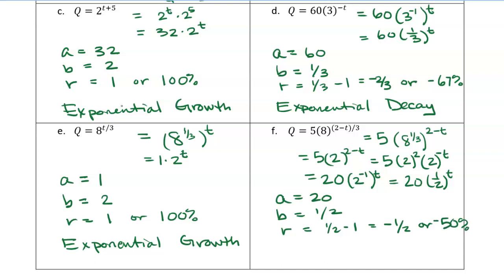So it's decaying by 50% each time. The r is negative, so we have exponential decay. Alrighty, we have one more example, and I will see you there.